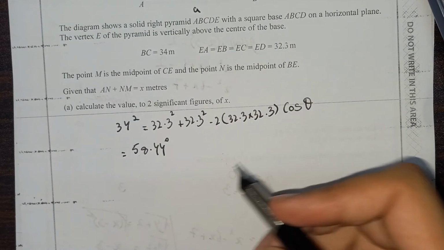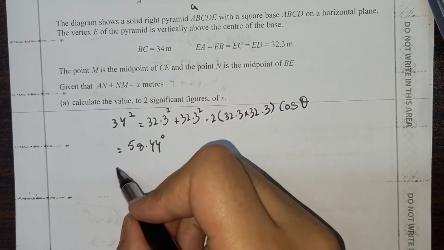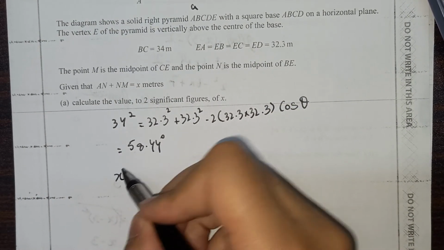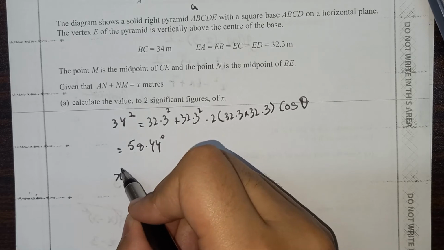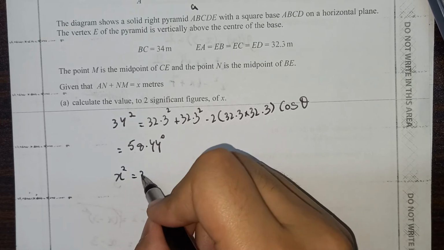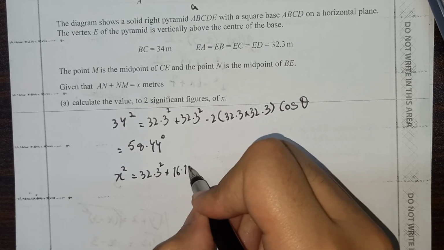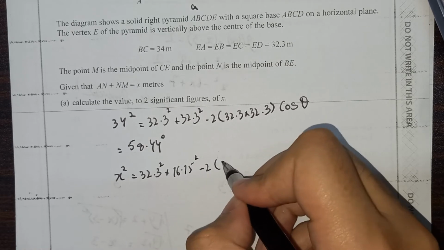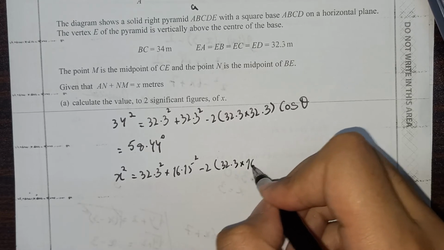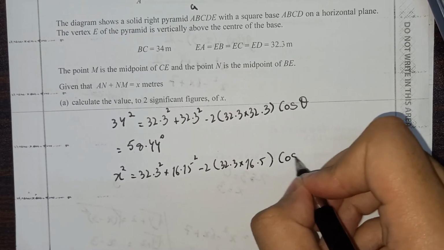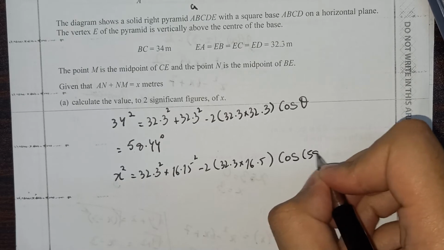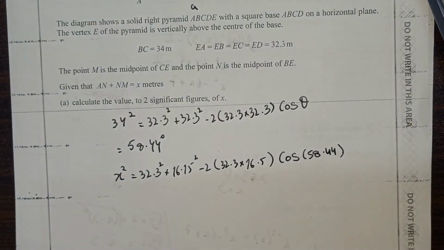Because it is unknown, we'll name that side X. X square equals 32.3 square plus 16.15 square minus 2 times 32.3 into 16.15 cos 58.44.